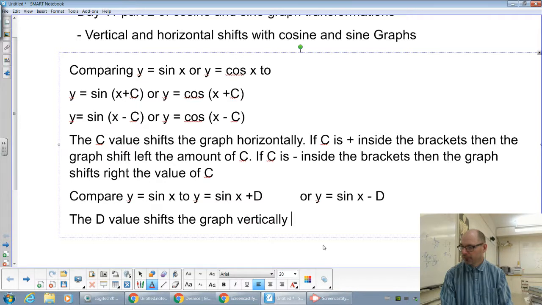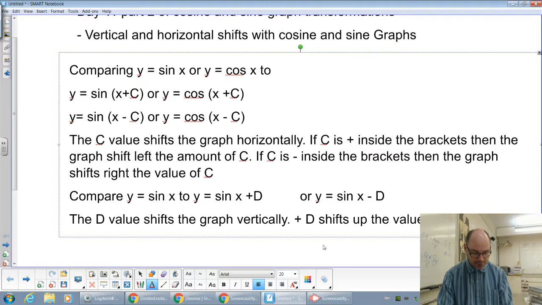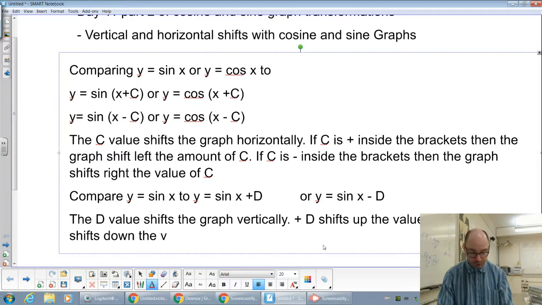Thus, we can say positive D shifts upwards the value of D, and negative D shifts down the value of D.